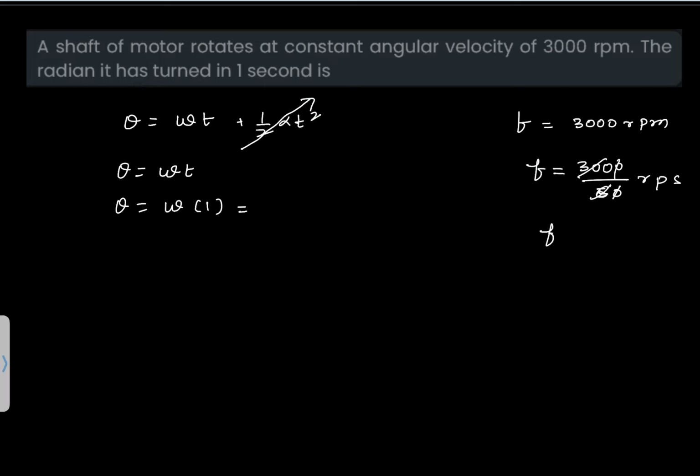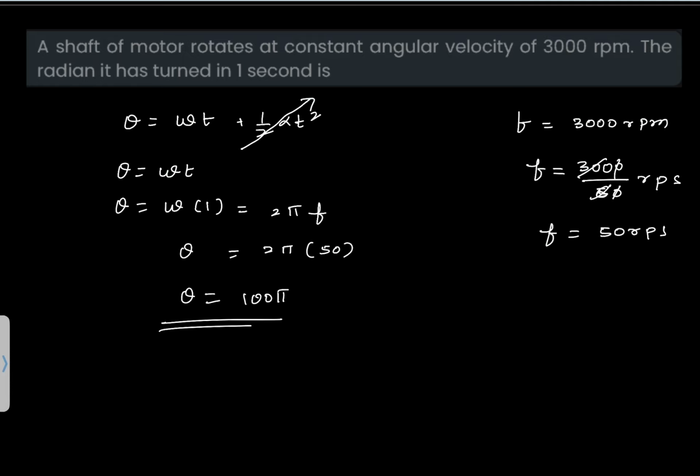So I'm getting frequency equal to 50 RPS. And the relation between omega, angular frequency, and frequency, we know, is simply 2 pi into small f. Here 2 pi into small f is 2 pi into 50. So finally I'm getting 100 pi as the answer. Okay, so this is the final answer. Let me move to the next question.